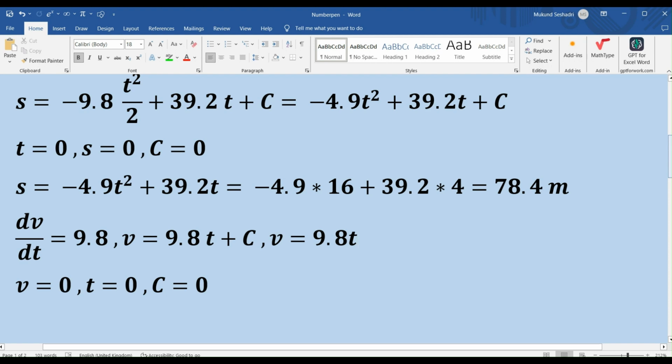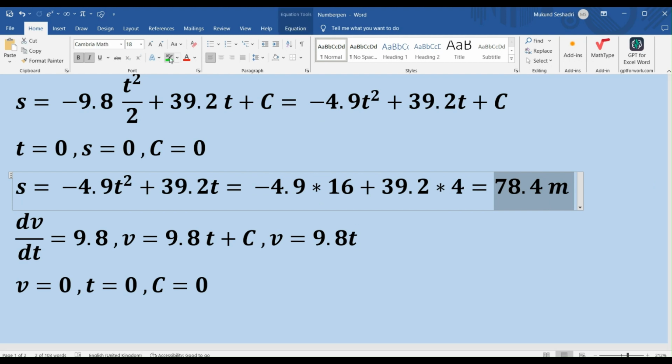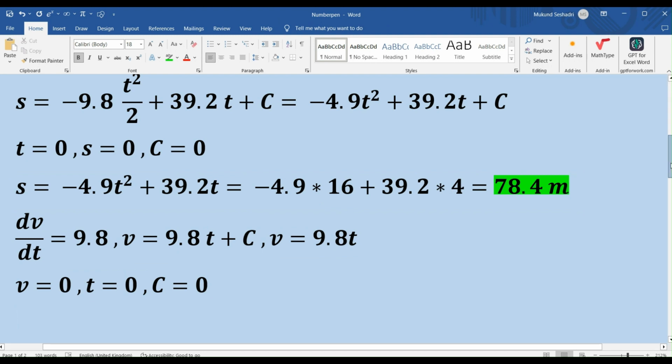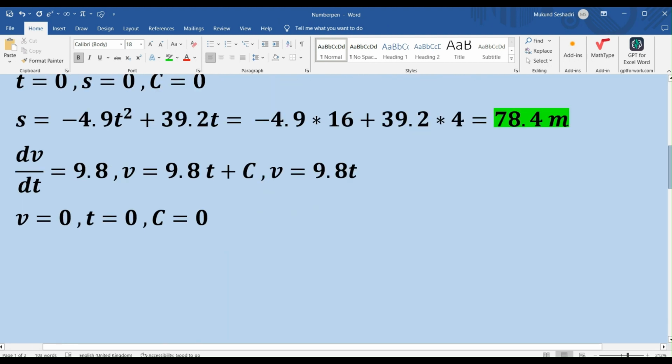So I know the distance the ball has to travel because I just figured it out from my earlier steps, that we worked out that this distance is 78.4 meters, right? So I know that the ball has to travel the same distance, and we are going to apply something very similar to what we did earlier.